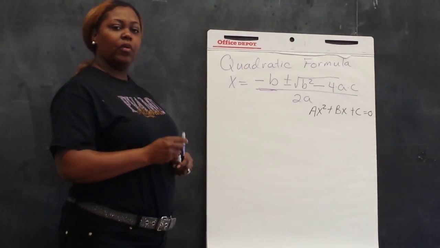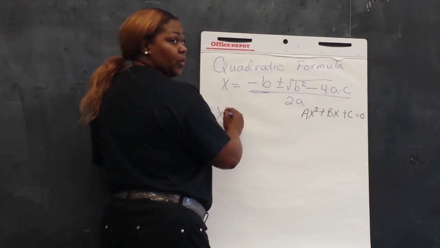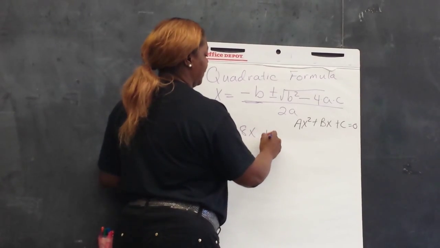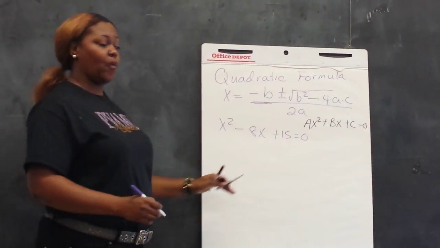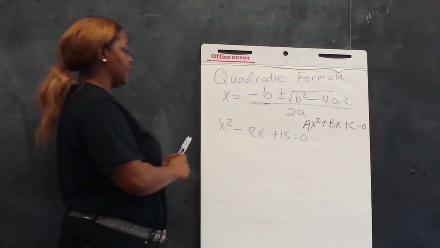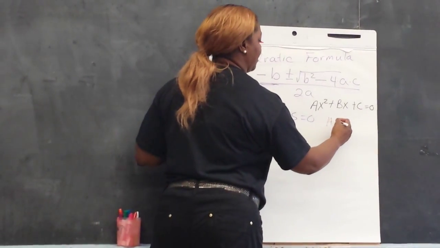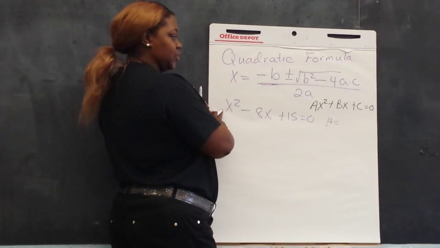You want to make sure you get your equation in that form to solve, if it's not already done for you. So, here we have a problem: x squared minus 8x plus 15 equals 0. It's already in standard form, but you do have to find your a, your b, and your c. Your value for a is the number in front of the x squared.